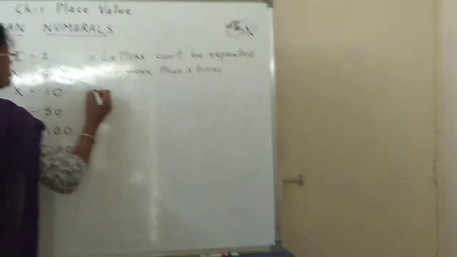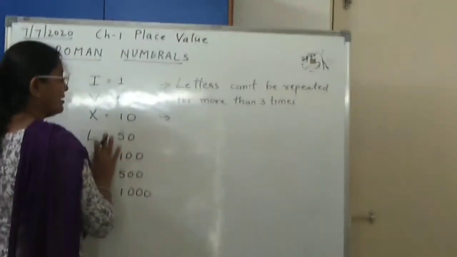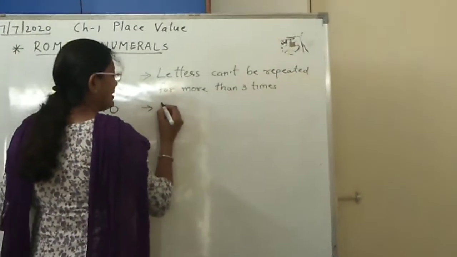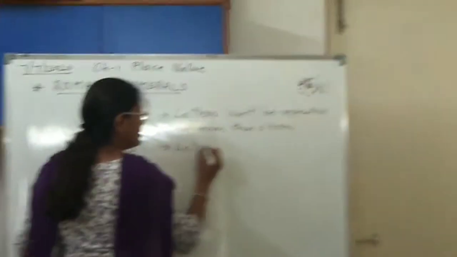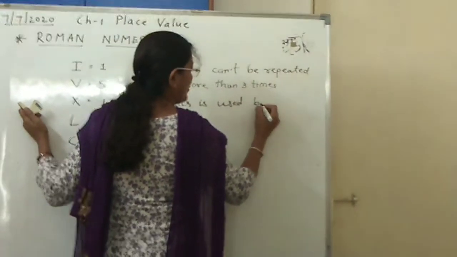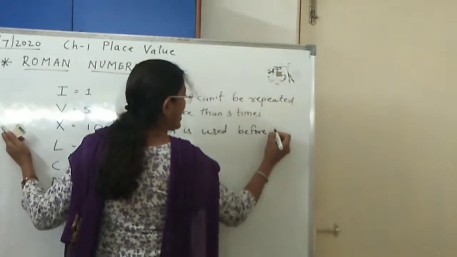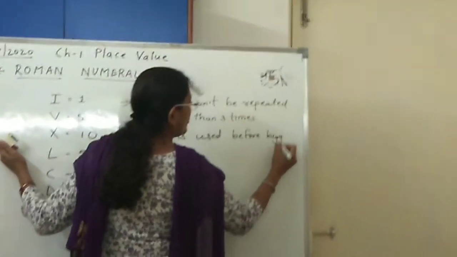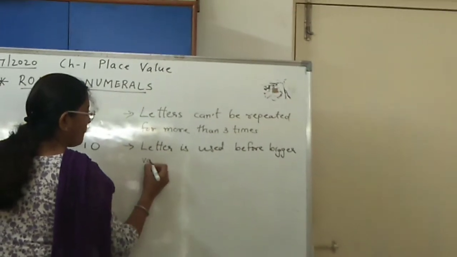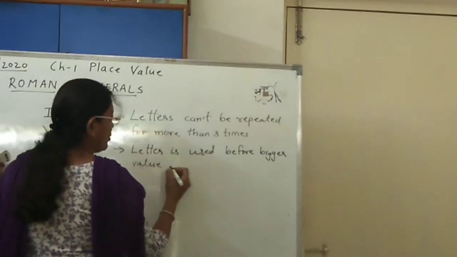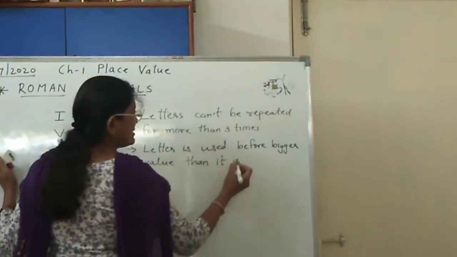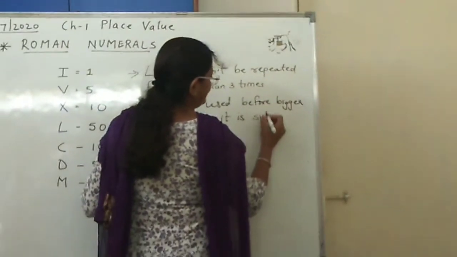The next rule is, when a letter is written before a bigger value letter, then it is subtracted.